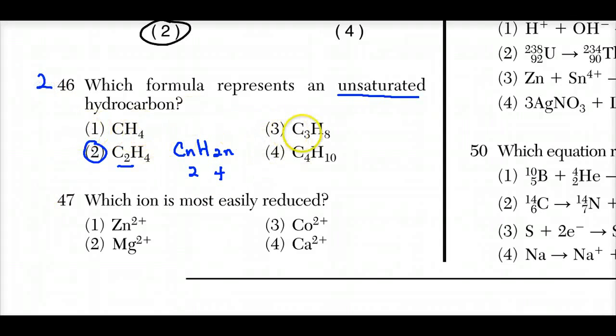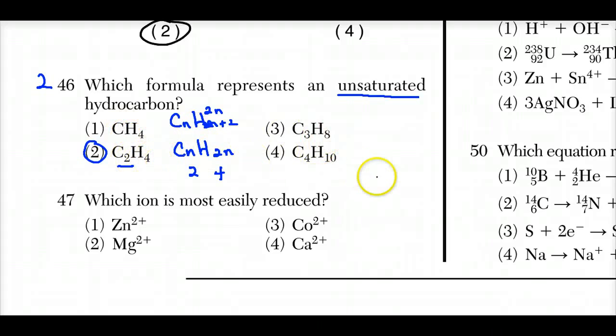Now, if you look at the rest of your choices, they follow the CnH2n plus 2, the alkane formula, right? 1 carbon, double that should be a 2 in there, double that, plus 2 is 4. 3 carbons, double that, 6, add 2 is 8. 4 times 2 is 8, plus 2 is 10. Now, if you don't like that, you could draw them out.